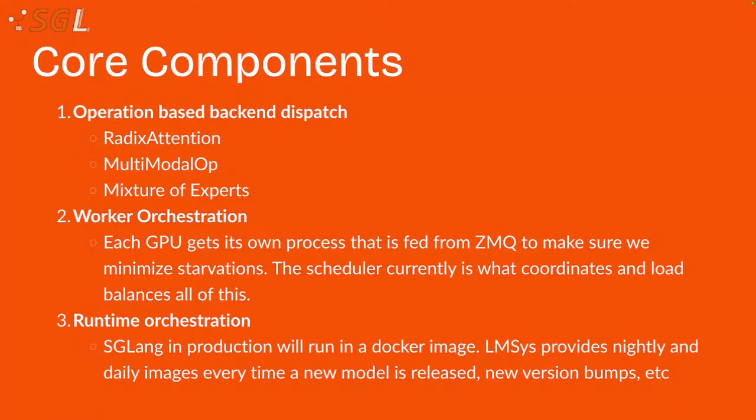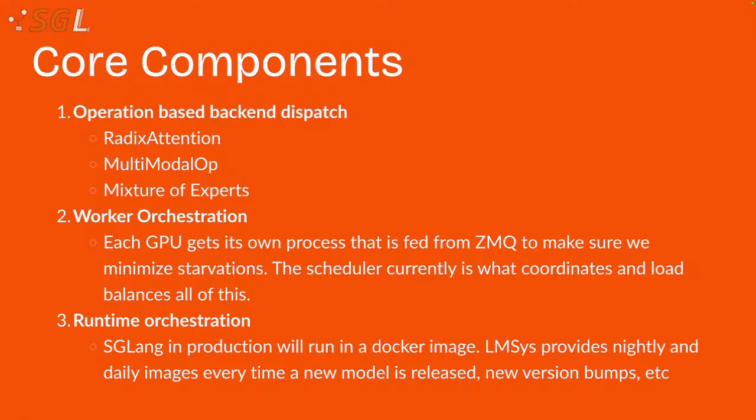The idea here is that we're trying to minimize what's called GPU starvation. If you don't know, GPU starvation is, as it sounds, when the CPU or some other process is working and the GPU is not. To achieve this, the ZMQ manages your concurrency to your GPU from that one process. And the scheduler is what coordinates the sets of processes, with the ZMQ being the load balancer.